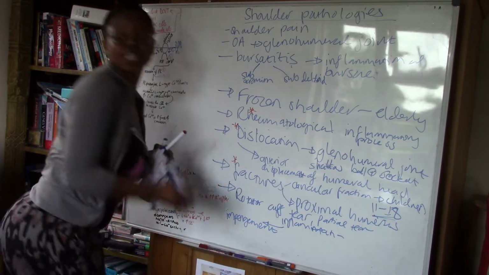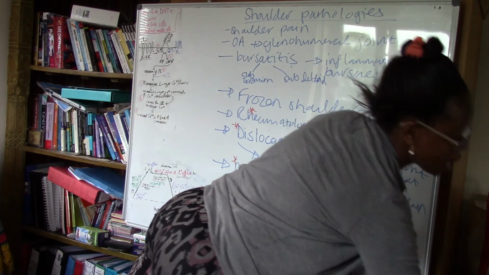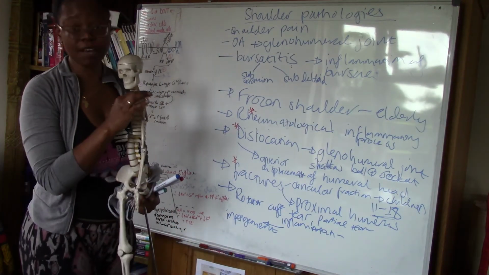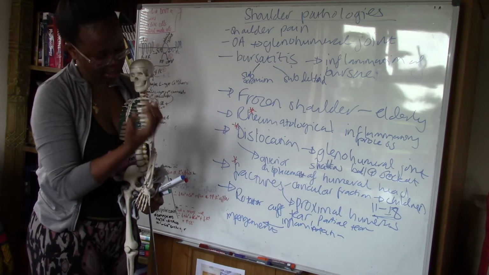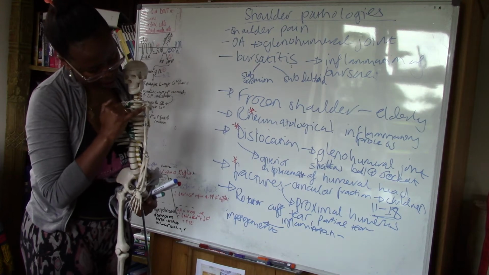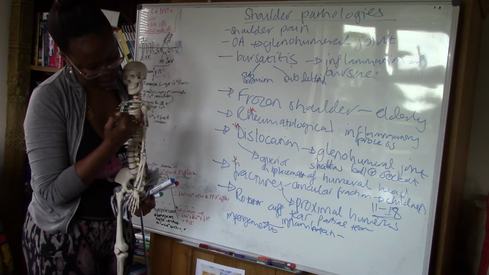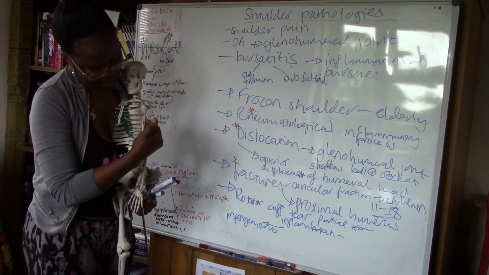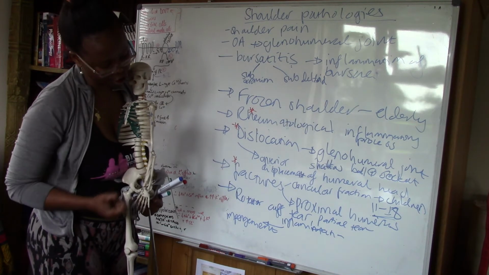And again, the impingement really is due to the shoulder having very little room for any inflammatory process to occur. For example, the rotator cuff muscles lie, the supraspinatus will lie there, the subscapularis and teres minor and infraspinatus will lie there, so that they encircle the head of the humerus.